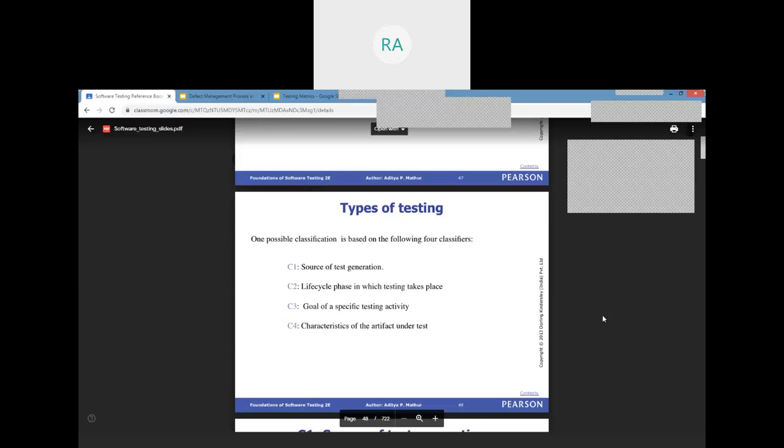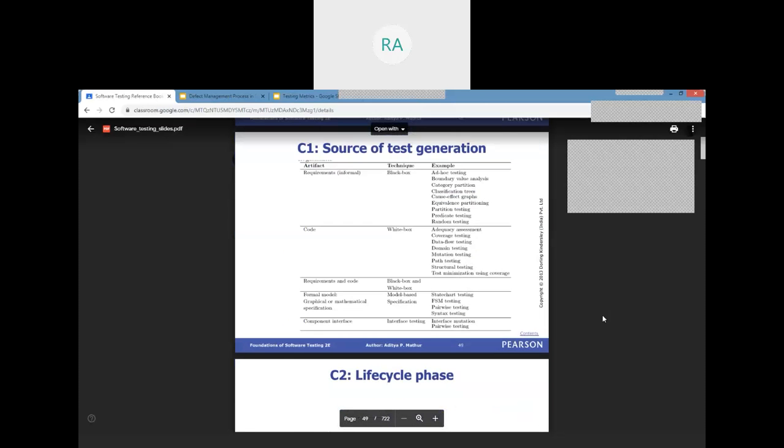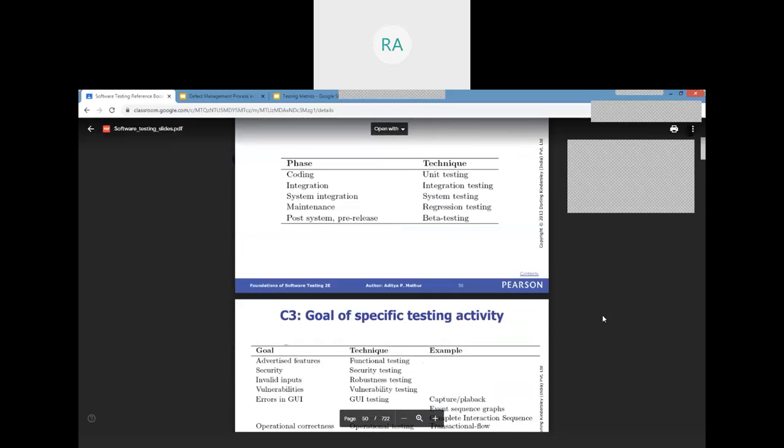I am going to consider one single material and its characteristics, or the component under study. Based on that, I am going to use certain techniques for testing purposes. So this is about types of testing.